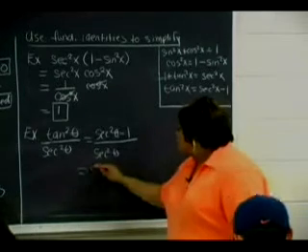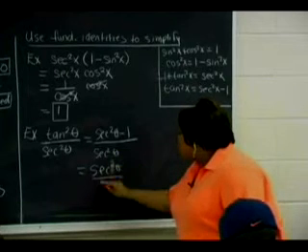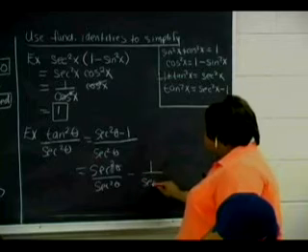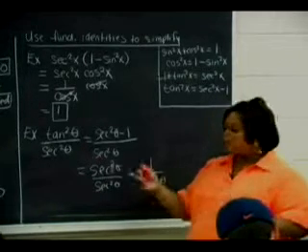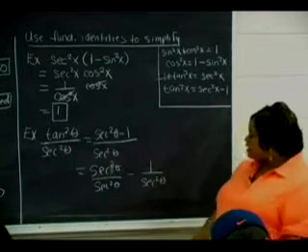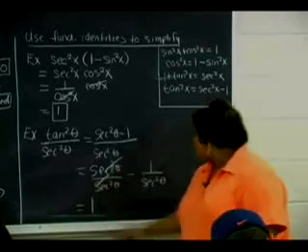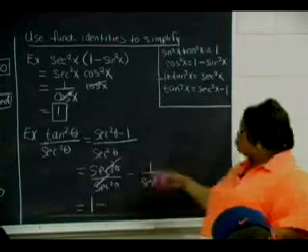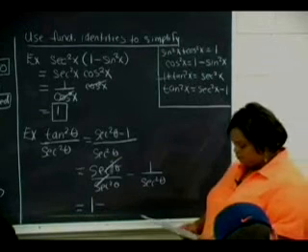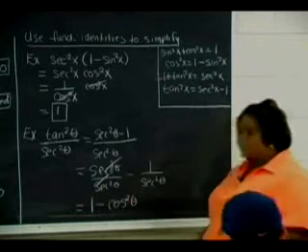We can break this up as secant squared theta over secant squared theta minus 1 over secant squared theta. We have a single quantity in this denominator, and we can break up that numerator. So secant squared theta divided by secant squared theta leaves what? 1. And what is 1 over secant squared theta? What's 1 over secant? Cosine. So that's cosine squared.